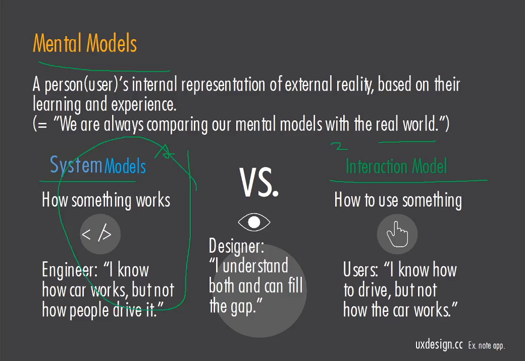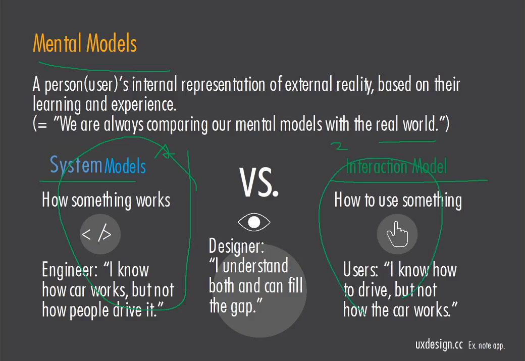So on this side, engineers and developers have good system models because they know how something works. They would say, "I know how a car works, but not how people drive it." And on this side, interaction model, users know how to use something.